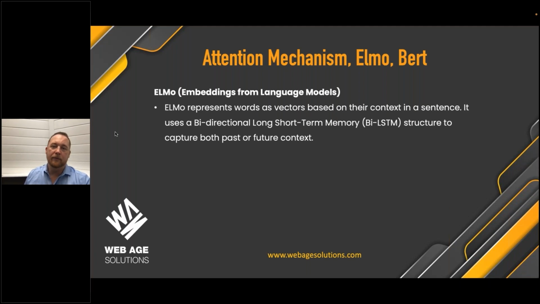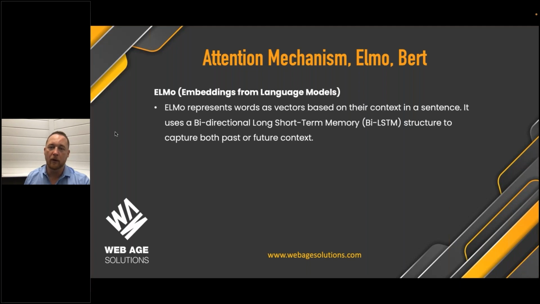Elmo wasn't the first model that had really any useful attention, but it was the first one that was popularized. And it represented words as vectors and used bidirectional LSTMs. LSTMs are long short-term memory.